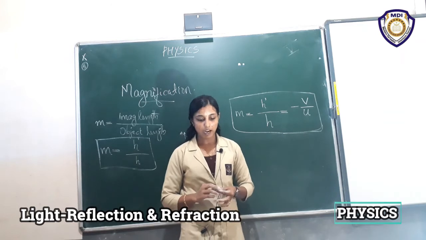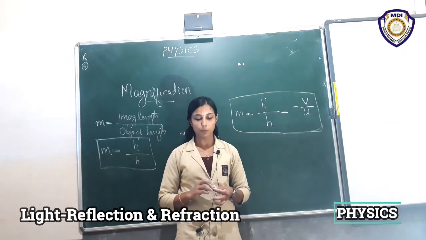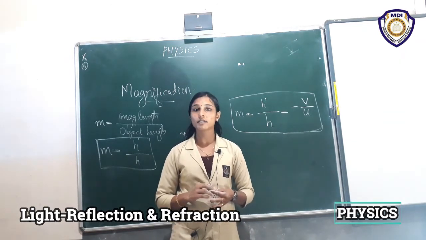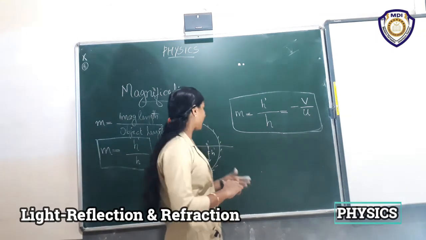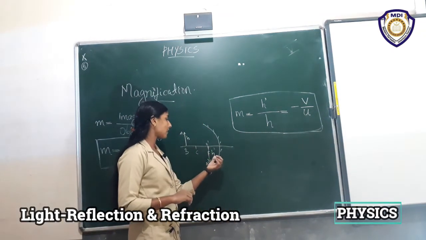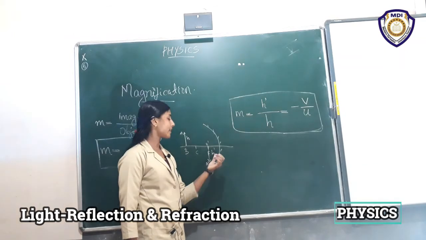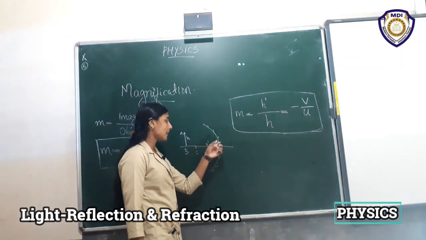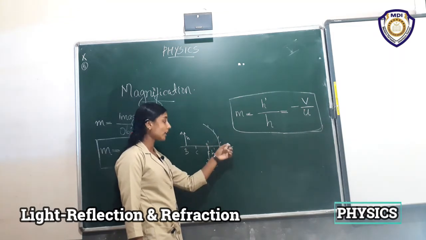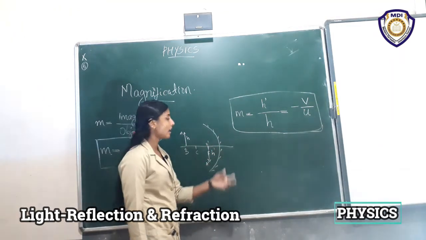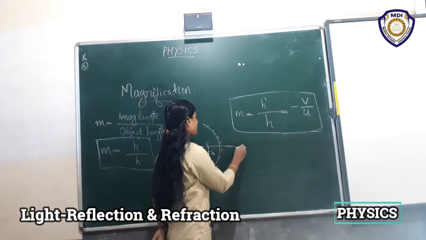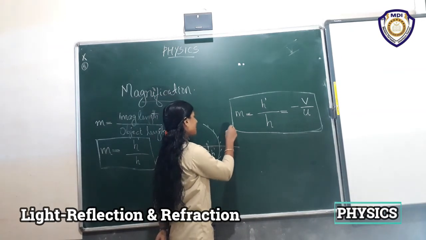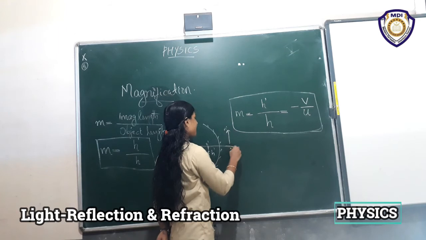But the height of the image will be negative for a real image because it is an inverted image, that means it is perpendicular below the principal axis.